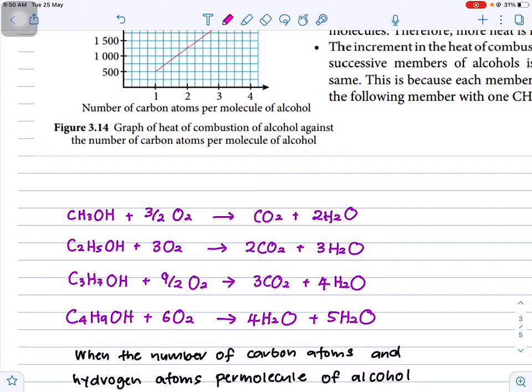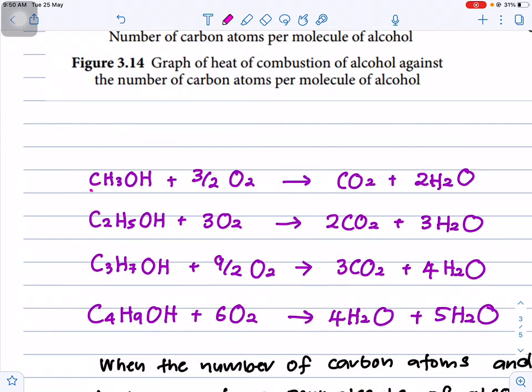Okay, so apa yang berbeza? The difference is when I have one carbon in methanol, I'm going to produce one carbon dioxide and two water. If I double the number of carbon atom per molecule, I'm going to produce two carbon dioxide and 3 water. When I increase the number of carbon to 3, I'm going to produce 3 carbon dioxide and 4 mole of water.